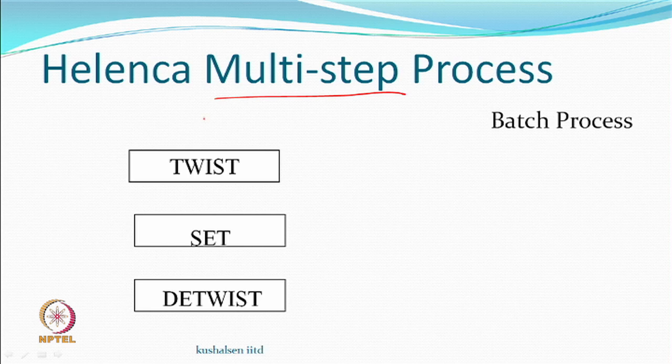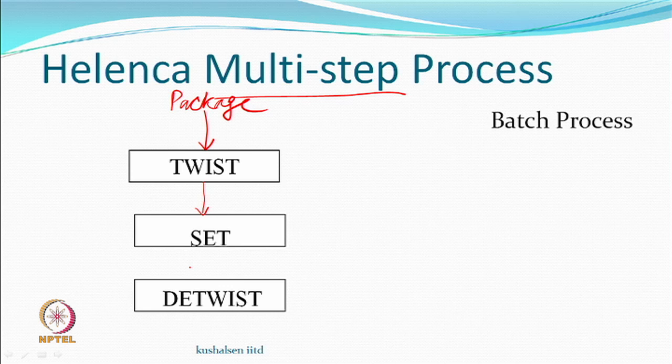So, there was a process in which you had multifilament yarn, you would twist them starting from some package, and after twisting you go through a next process called setting. That is, you must set the twist. Now, how you set would depend on what type of material it is, whether it is a thermoplastic material, a non-thermoplastic material or whatever.